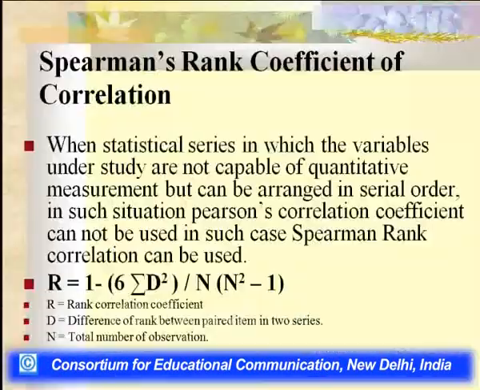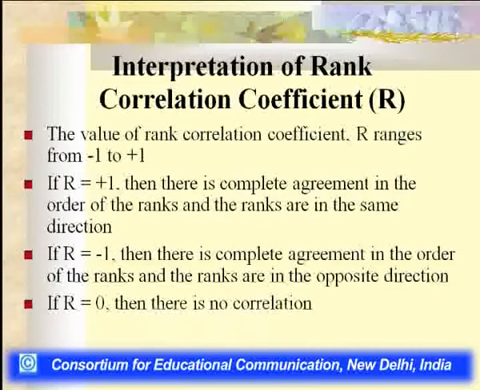So the formula would be R is equal to 1 minus 6 sigma d square divided by n multiplied by n square minus 1. R is the rank correlation coefficient, d is the difference of rank of paired items in two series, and n is the total number of observations.